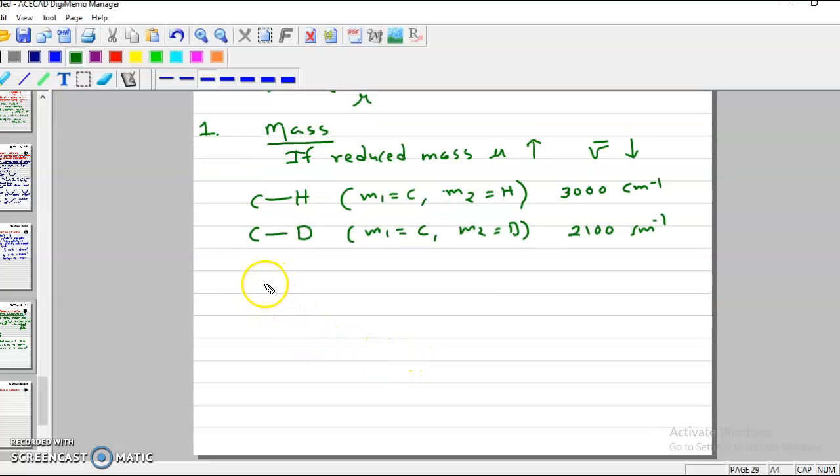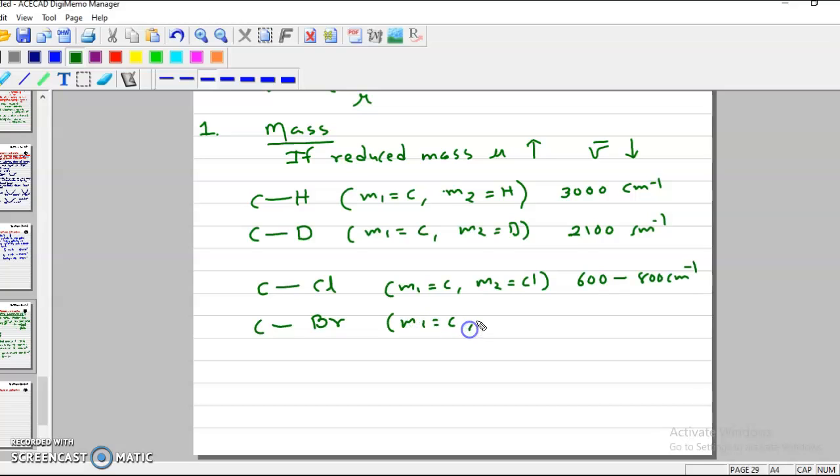And very important example for influence of mass is on carbon halogen bond. If CCl bond, here m1 will be carbon and m2 is chlorine. In this case, the band is nearly 600 to 800 centimeter inverse. If the bond is between carbon and bromine, where m1 is carbon, m2 is bromine, reduced mass will be increasing.